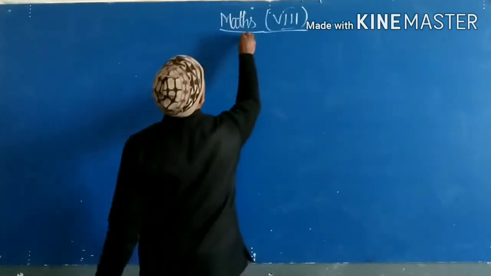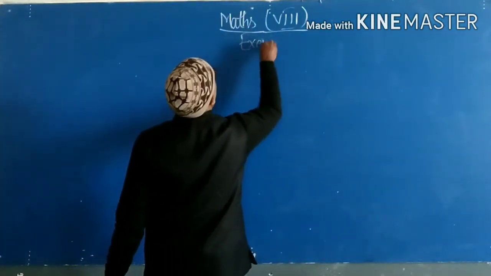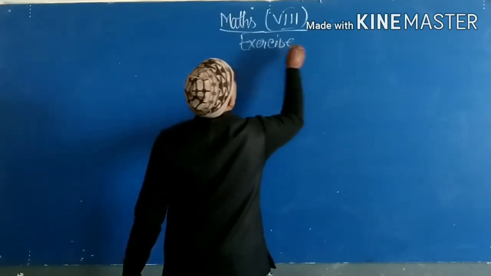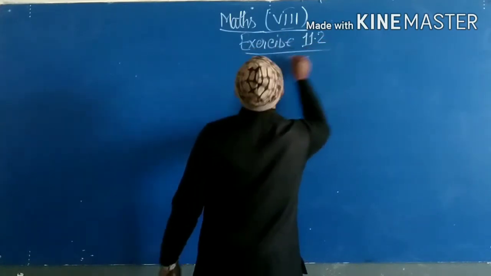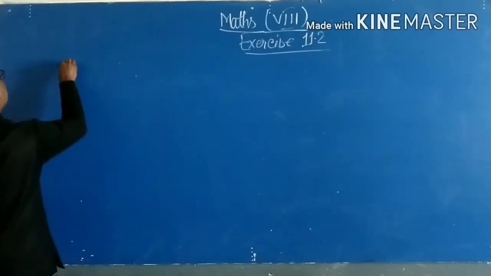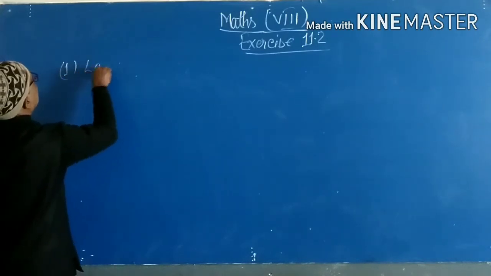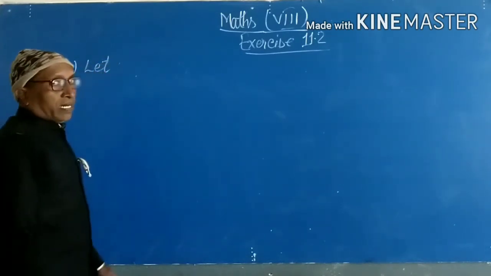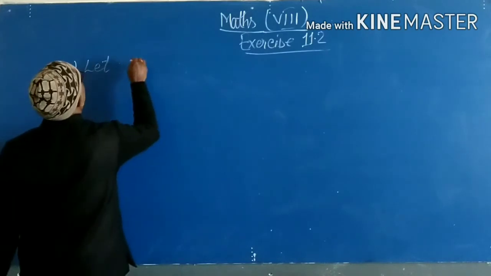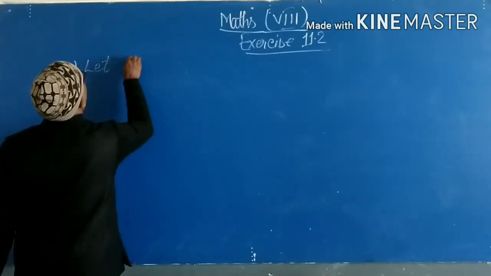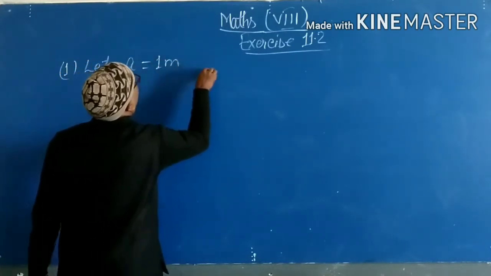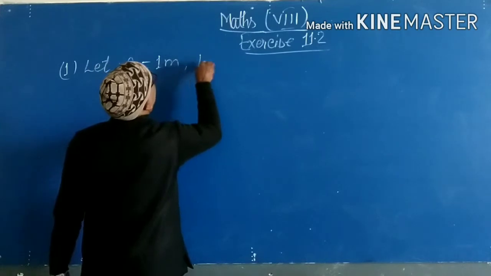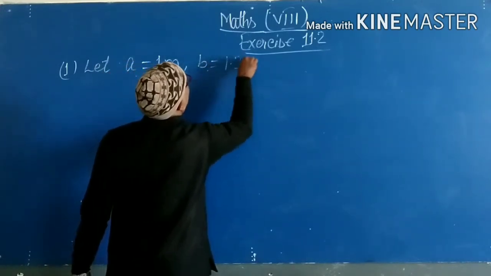You write down exercise 11.2, question number 1. Let parallel sides be A is equal to 1 meter and B is equal to 1.2 meter.